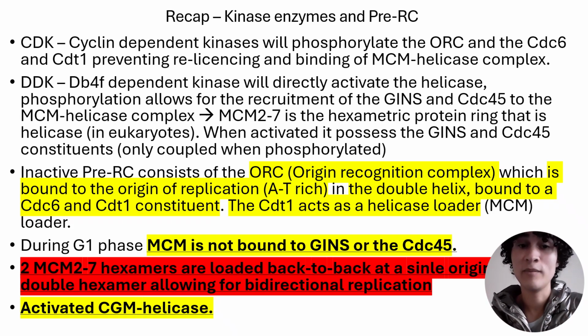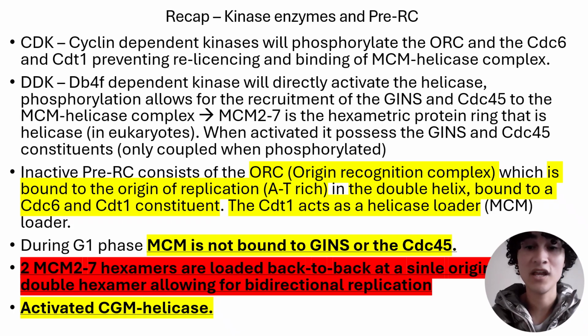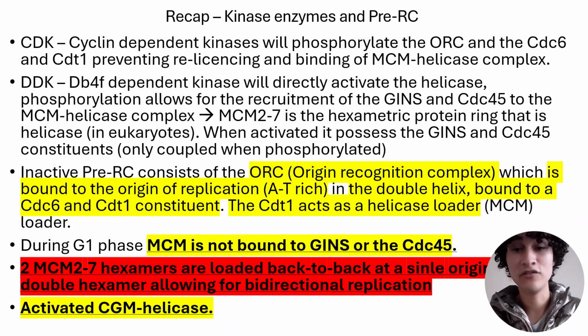Those remaining constituents, CDC6, CDT1 and the ORC, will disassemble and get degraded, while our helicases are still active motor proteins running along and breaking those hydrogen bonds in the double helix, exposing those template strands to allow our enzymes to start building our respective daughter strands.